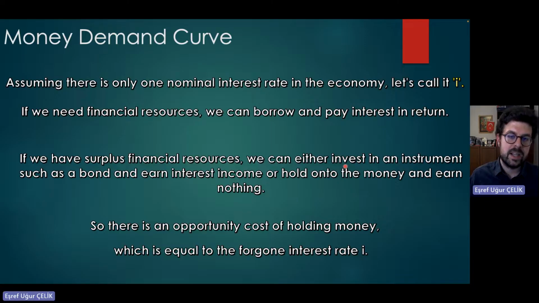So there is an opportunity cost of holding money, which is equal to the foregone interest rate. That means that if I put our money into our wallet, we cannot get that interest. So we give up that interest rate. That's our opportunity cost for holding money.